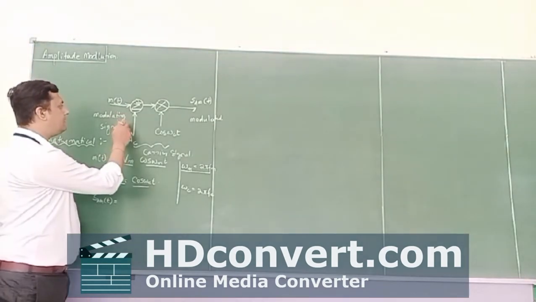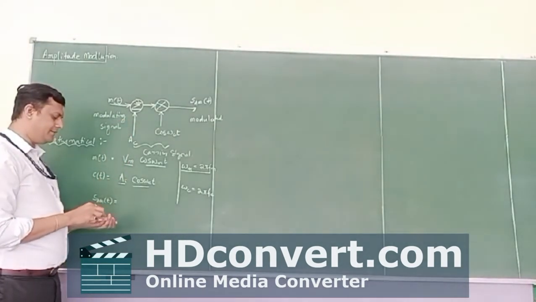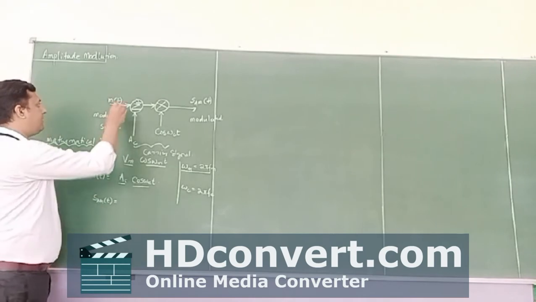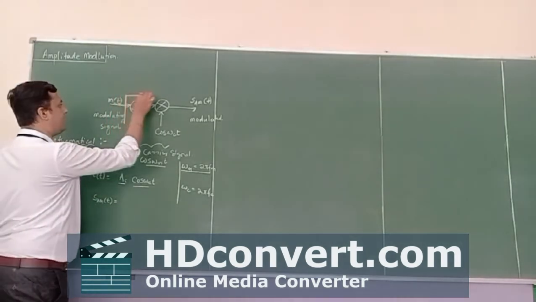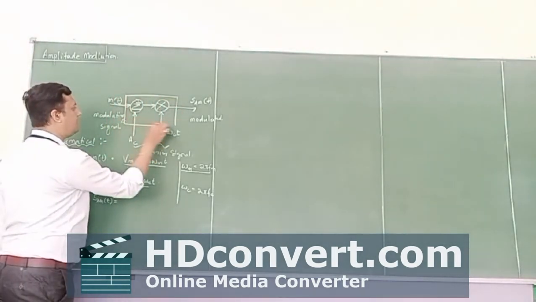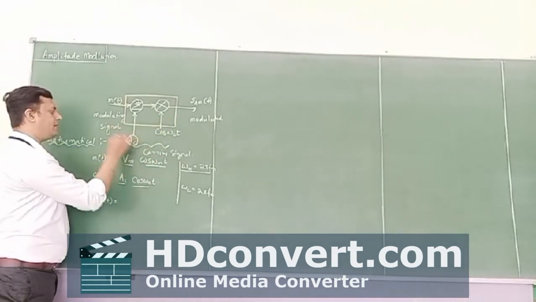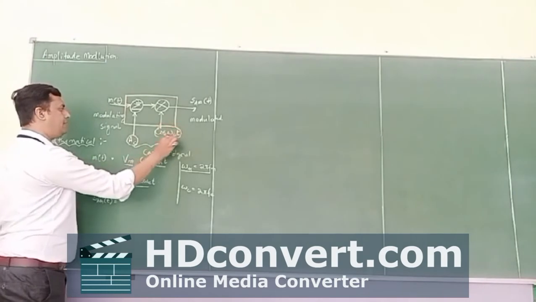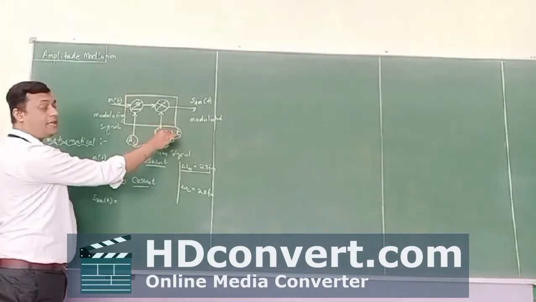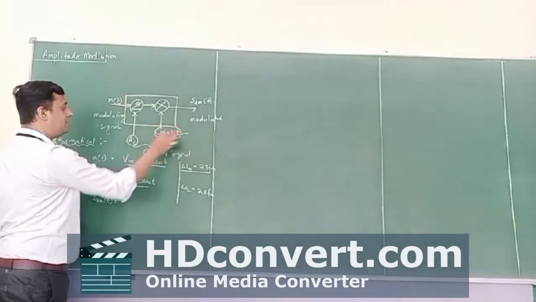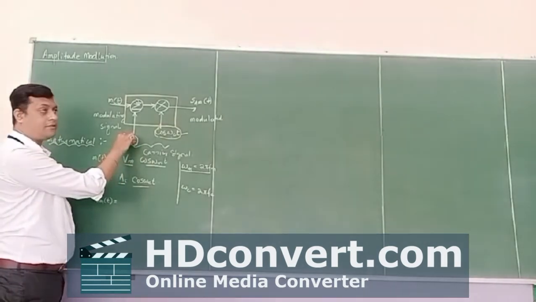So according to this figure, what we have written, that first m of t is added to the amplitude of the carrier component. This is the carrier component. That means the carrier frequency and phase remain constant, but amplitude is going to change with respect to whom?